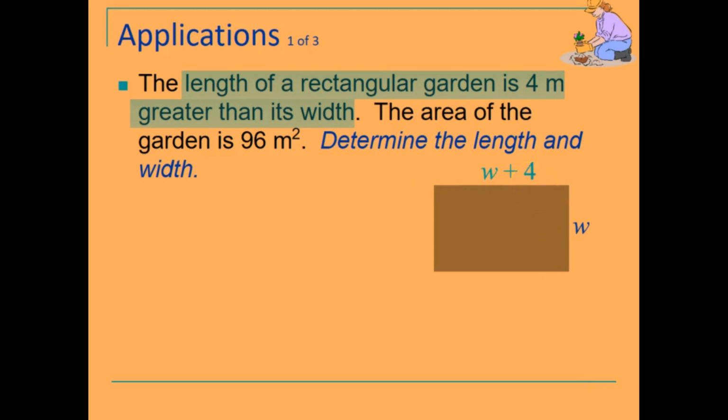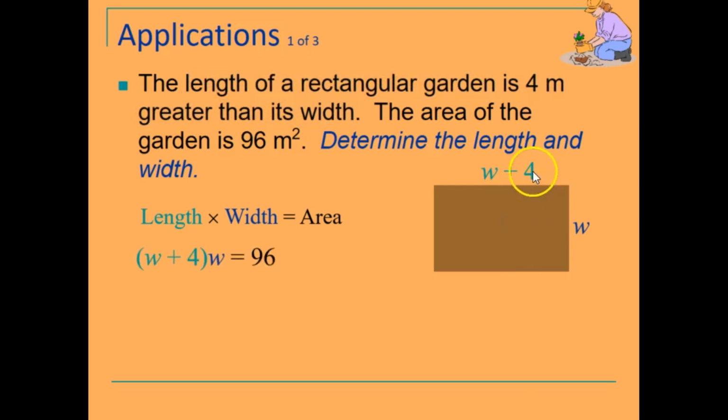Next, to generate an equation, once we have our variables established, we will use the area formula for a rectangle, which is length times width. Substituting in the length and the width that we have already set up, length will be replaced with w plus 4, width with w.